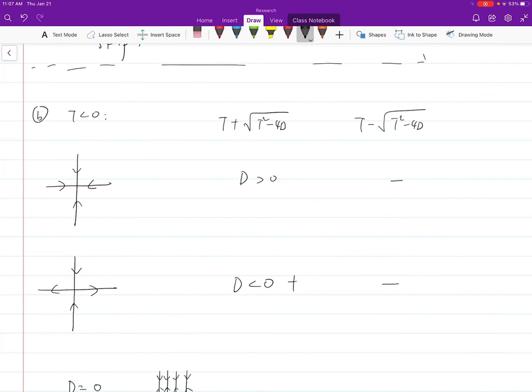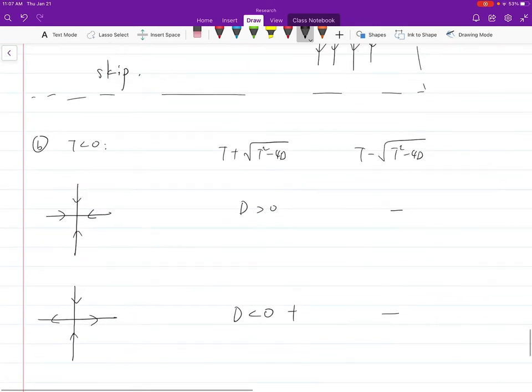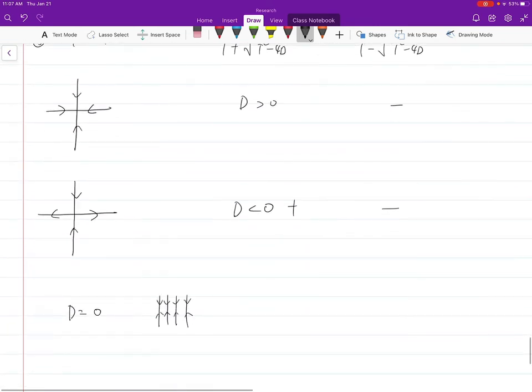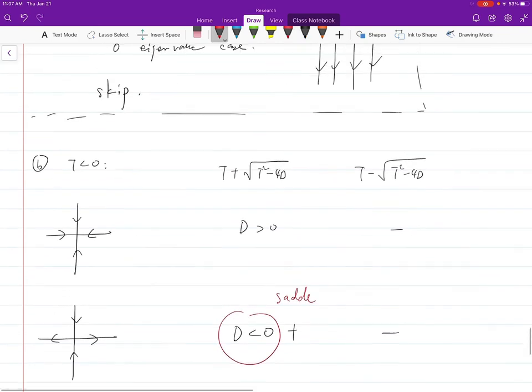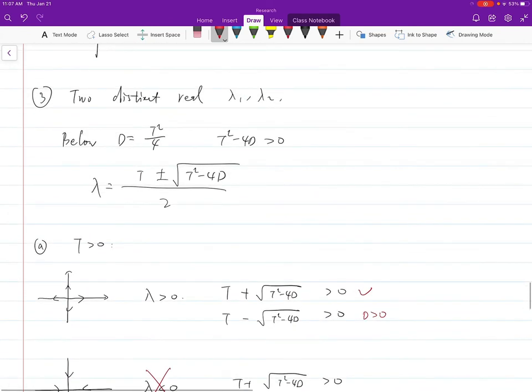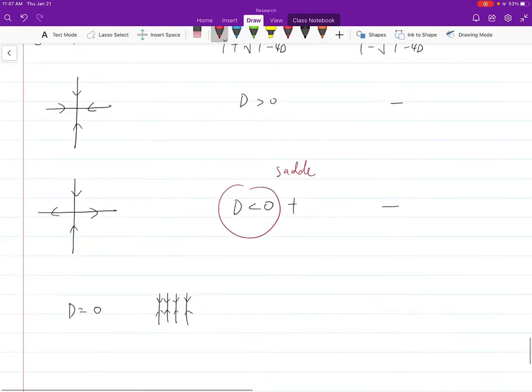Okay, so now let's try to put them on the graph. What we can do is, let's summarize them. So note, this gives you a saddle. In the first case, this also gives you a saddle, which means regardless of your t, if your t is bigger than 0, but d is less than 0, you have a saddle.